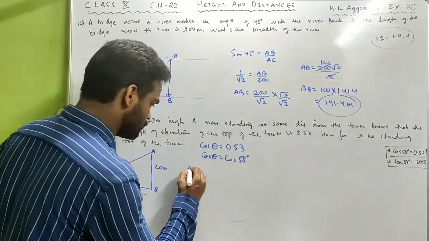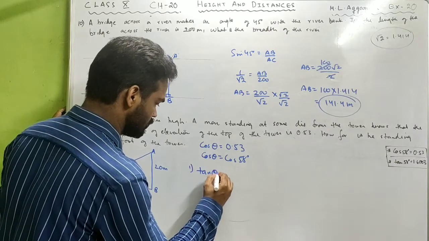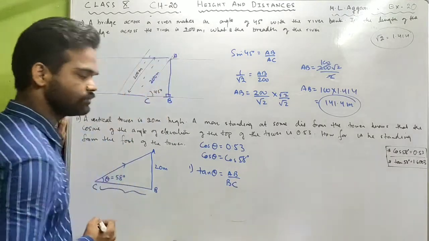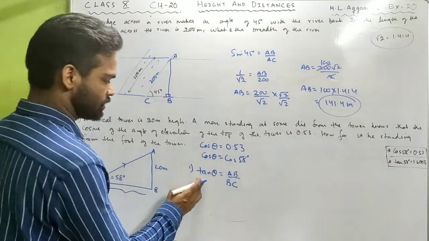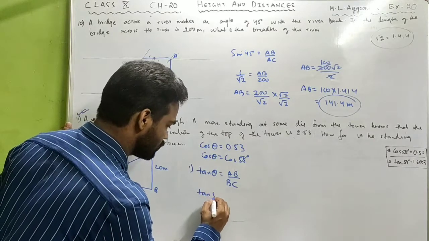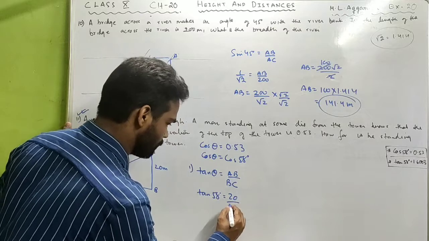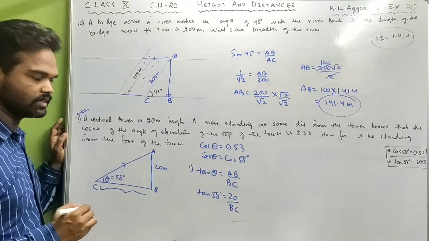Again, we'll use tan. See, tan theta is perpendicular by base, isn't it? Now, tan 58 is equal to AB, which is 20, by BC, isn't it?